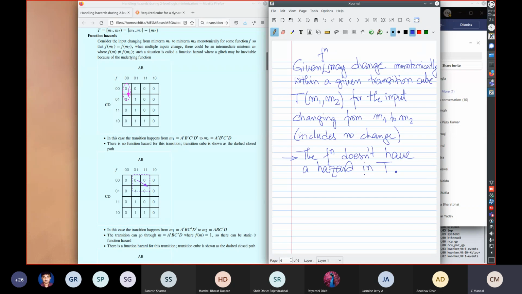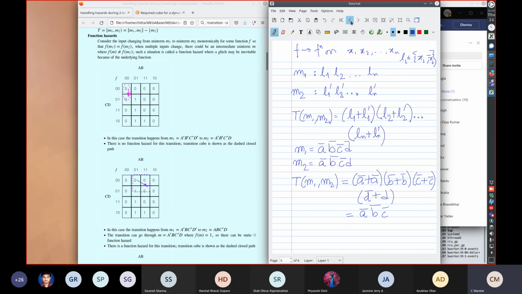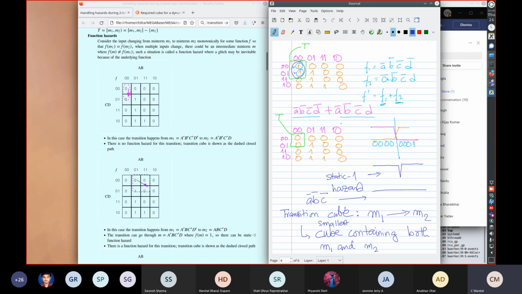All right. So the first thing is that your function shouldn't have a hazard, because we'll consider the other situation when the function does have a hazard. So over here we had this other situation.